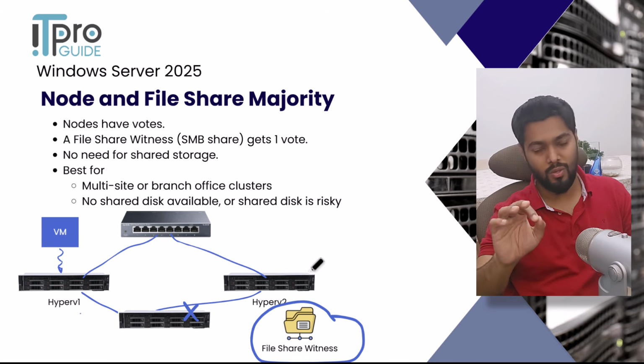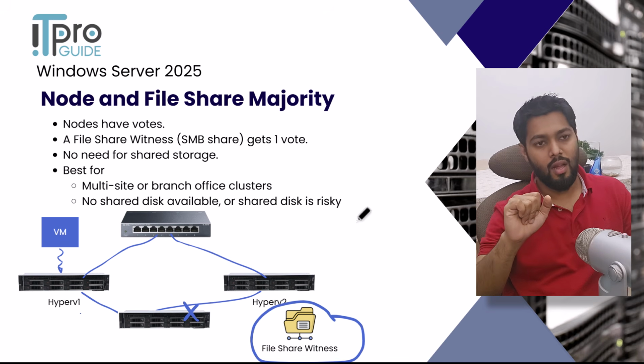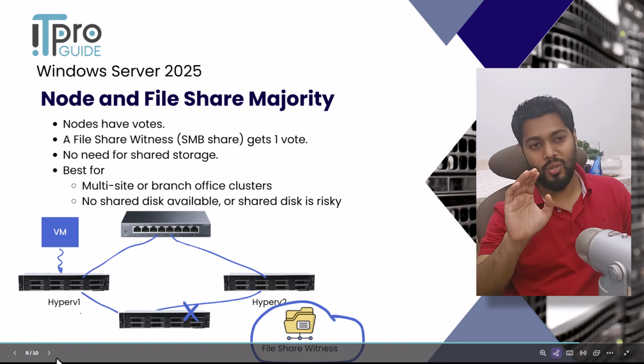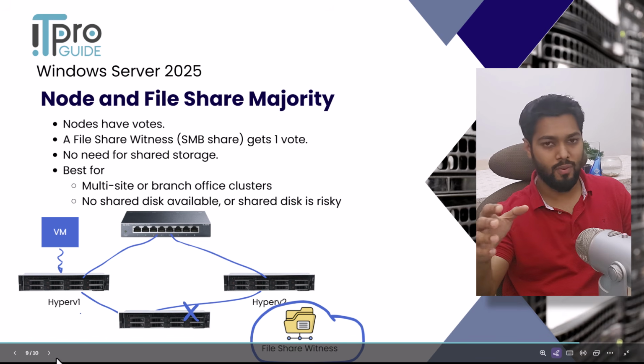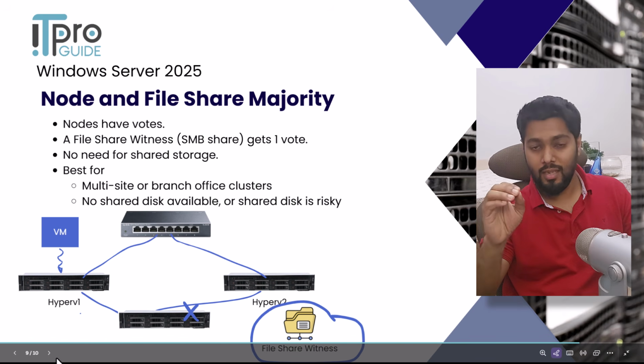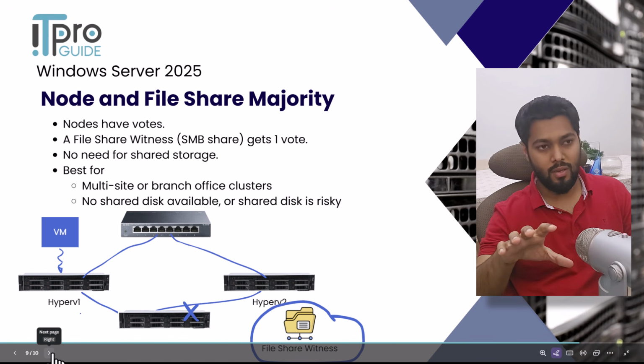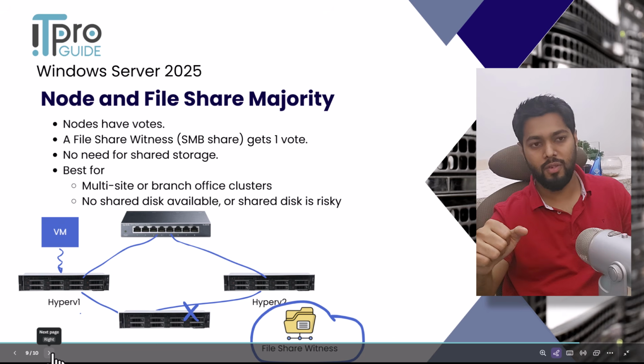In this case, this is going to be the best option. However, this setup is only recommended for branch offices or remote site offices. For an enterprise data center, it is better to use a disk witness or simply run with an odd number of Hyper-V servers to maintain the quorum naturally.